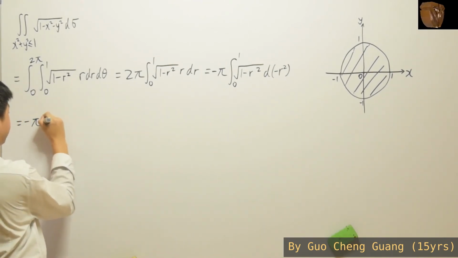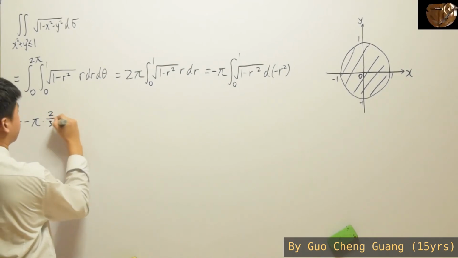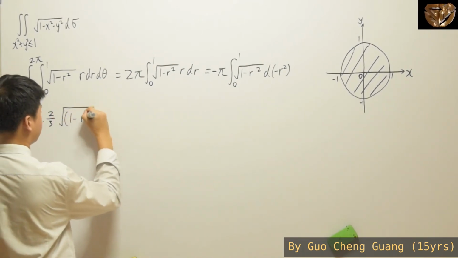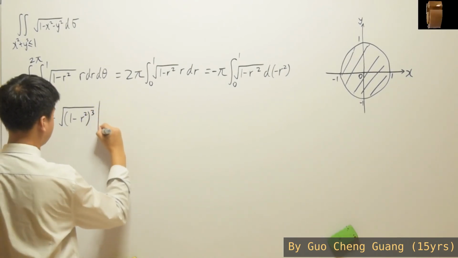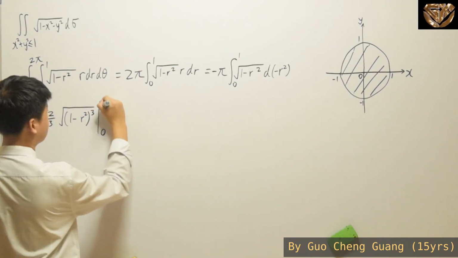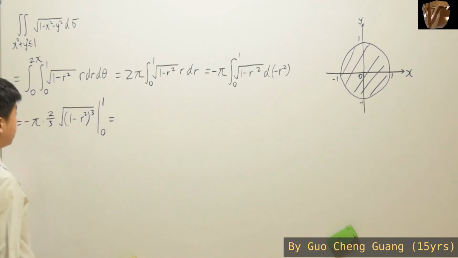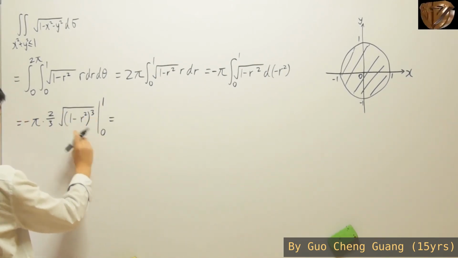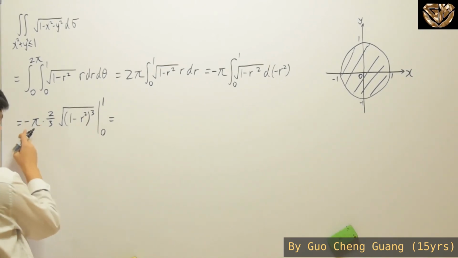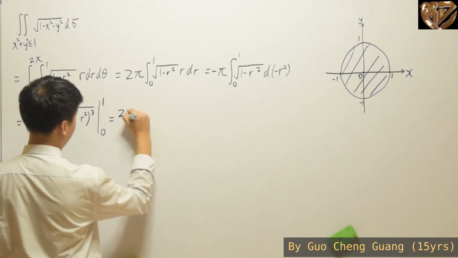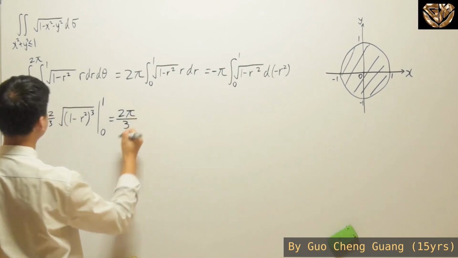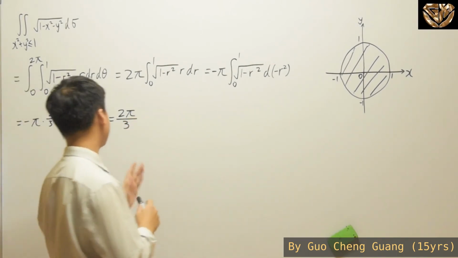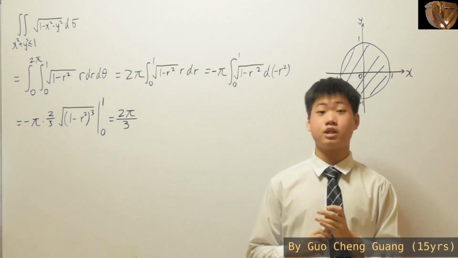So negative pi multiplied by 2 over 3 square root 1 minus r square cube, substitute in 0 and 1. Alright, so when you put in 1, this is a 0, and when you put in 0, this is a 1, but you have another negative, so you have 2 pi over 3. Alright, so this is your final answer you will get for this example.